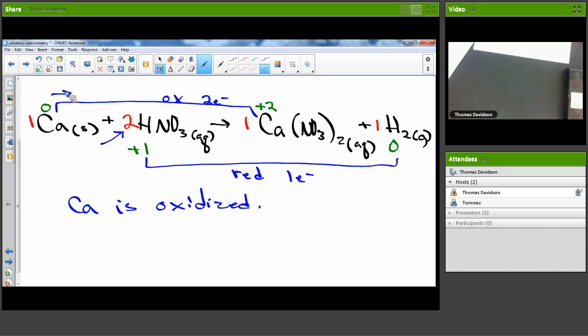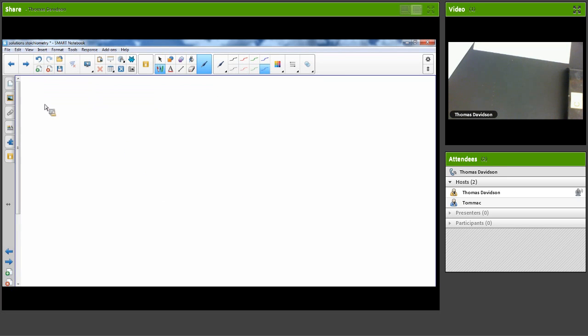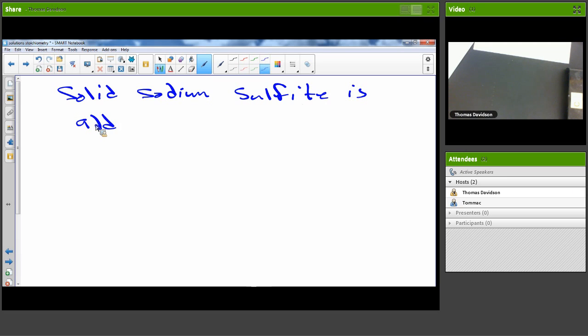Okay, let's do another one. This one's hard. I would bet over time, above 90% of students get this wrong every test. So it will say solid sodium sulfite is added to, we'll go nitric acid again since we know it.